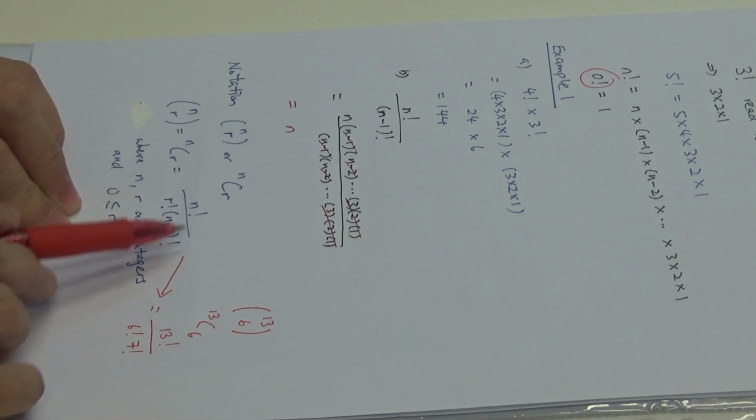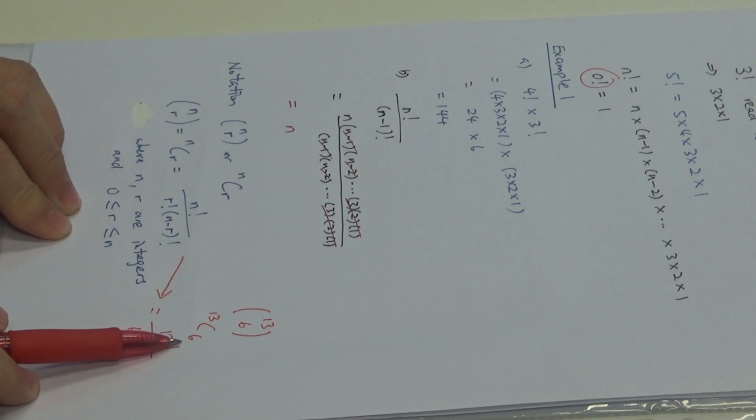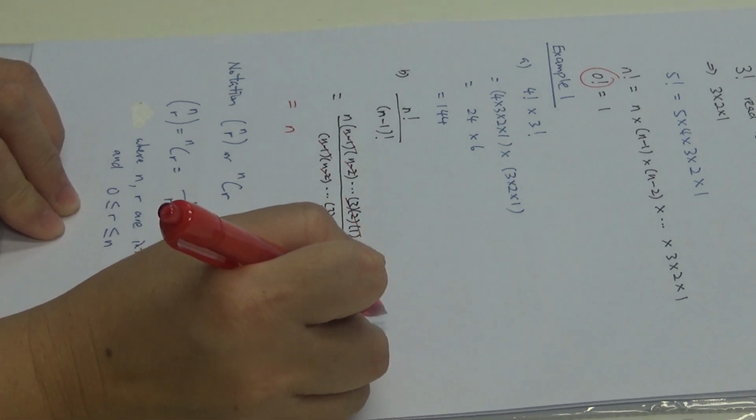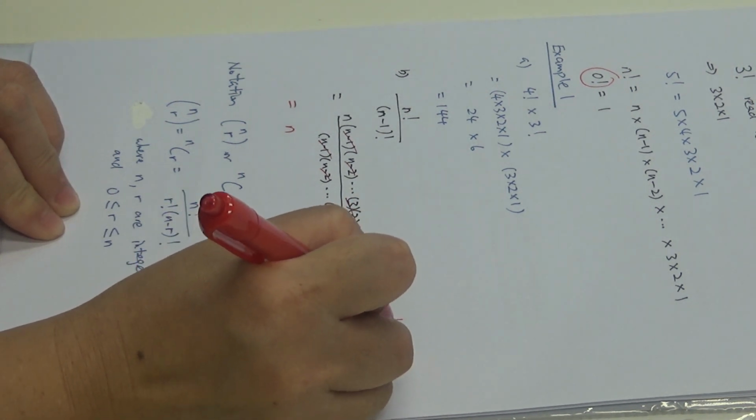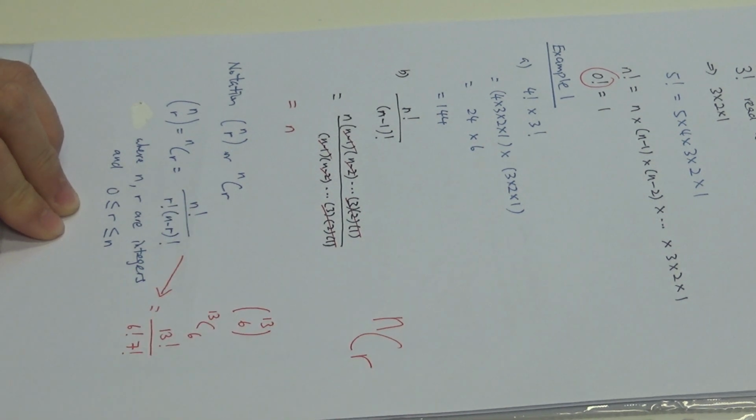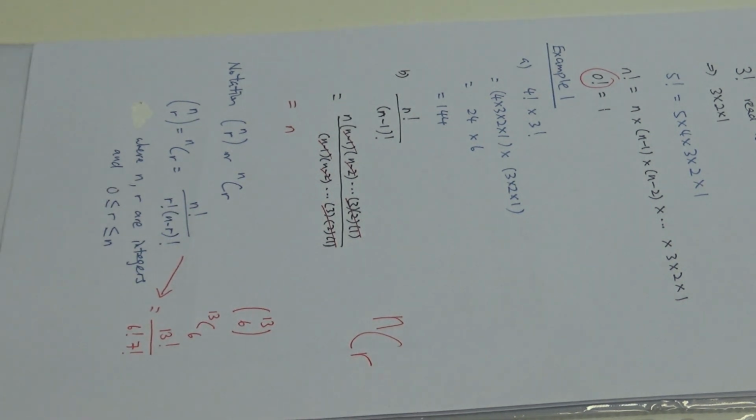Now we can also find 13 choose 6 with the calculator. You look for the symbol nCr on the calculator, found somewhere on top of the function key.